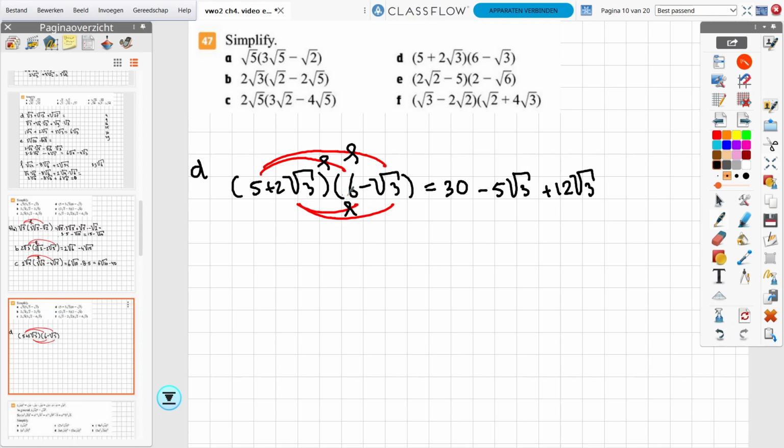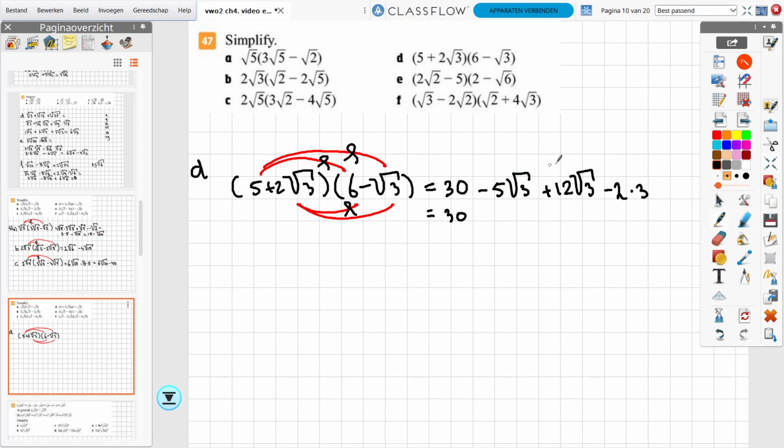Then the last one, 2 root 3 times minus root 3. Minus times plus becomes minus 2. Root 3 times root 3 is just 3. Right, because root 3 times root 3 is root 9, and root 9 is 3. Here we can simplify, because we get 30.